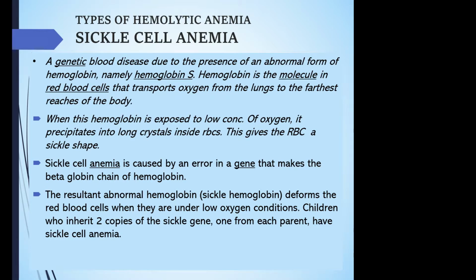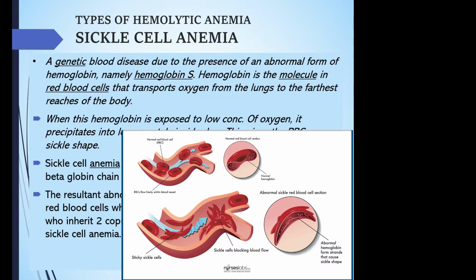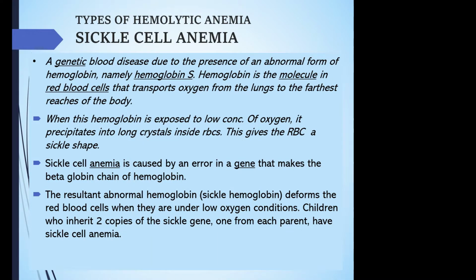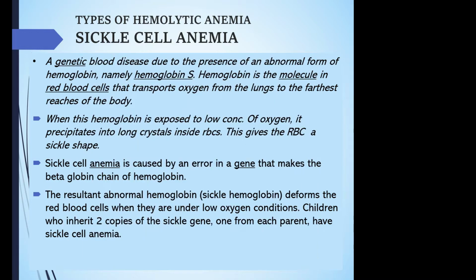Another type of hemolytic anemia in which there is breakdown of RBCs is sickle cell anemia. This is again a genetic disorder, a genetic blood disease due to the presence of an abnormal form of hemoglobin, namely hemoglobin S. Hemoglobin is a molecule in the red blood cells that transports oxygen from the lungs to the farthest parts of the body, that is, supplies the entire body.